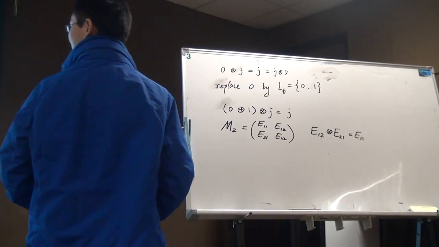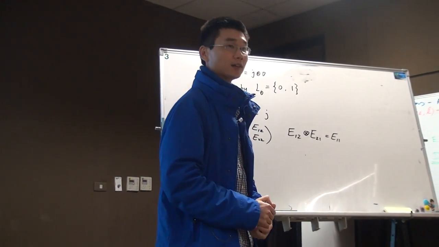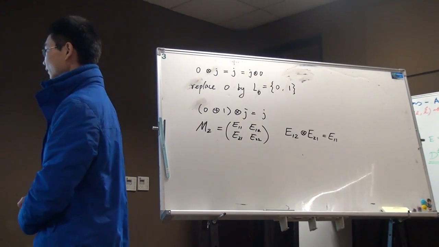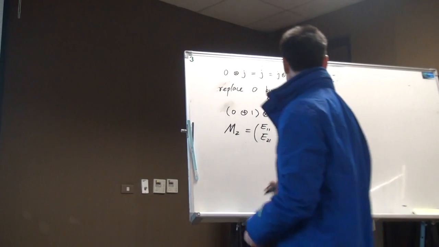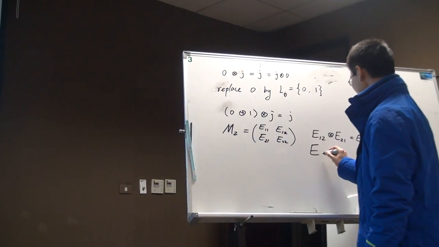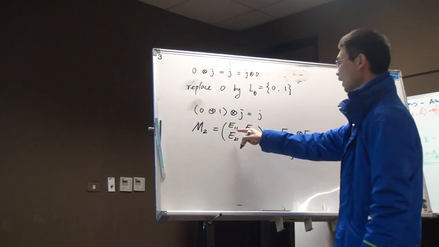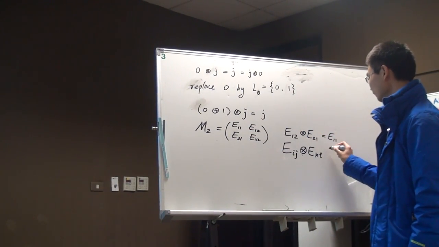Actually, the fusion rule for all objects is determined by the multiplication. In general, it will be the ij entry of the matrix tensor the kl entry of the matrix.